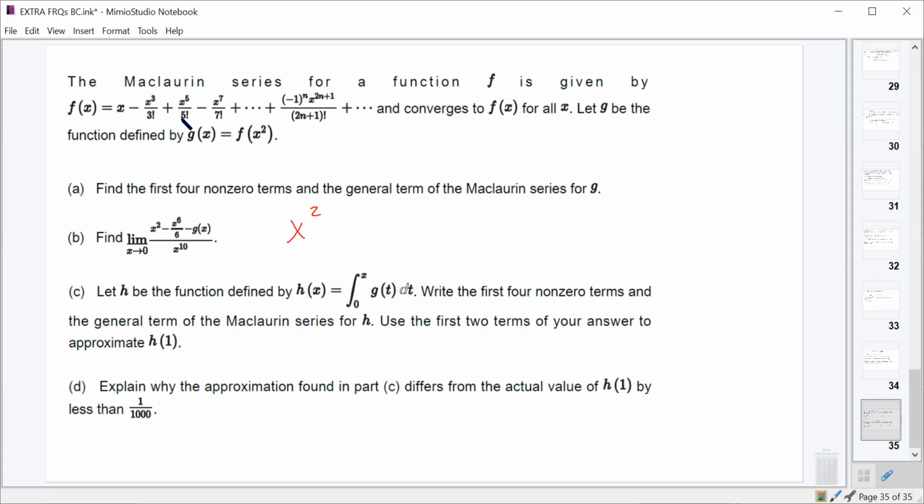Our next term ought to be minus x to the 6th over 3 factorial. Next term ought to be plus x to the 10th over 5 factorial. And the 4th one ought to be minus x to the 14th over 7 factorial. Everybody good with that for the first 4 non-zero terms?